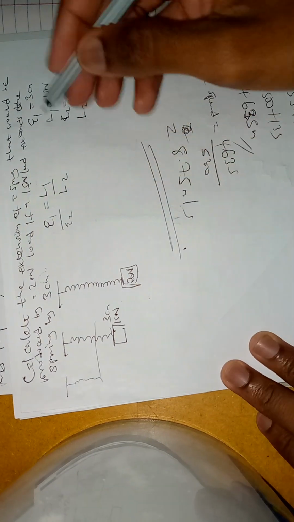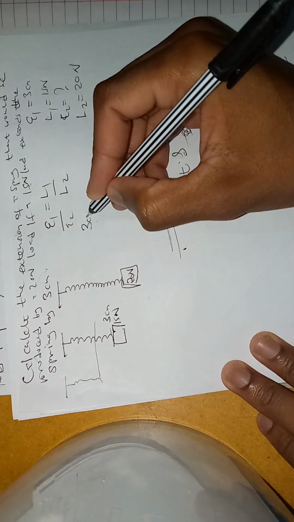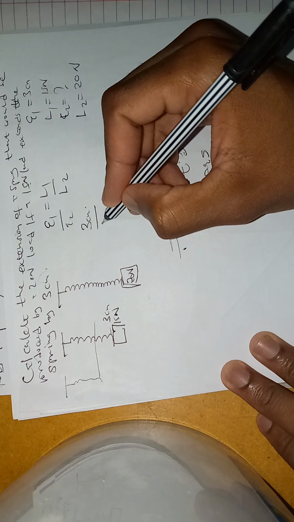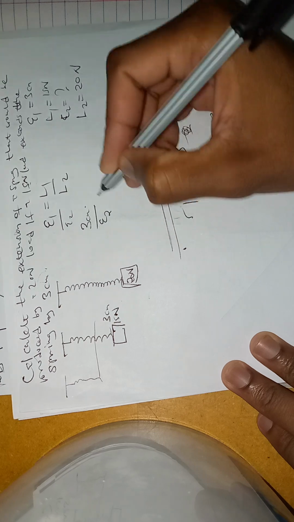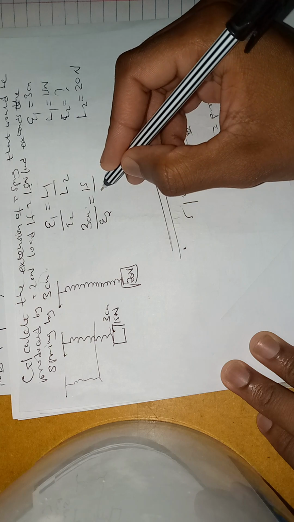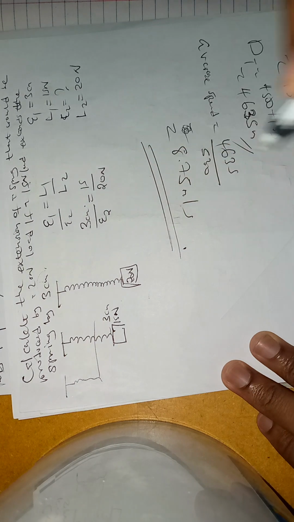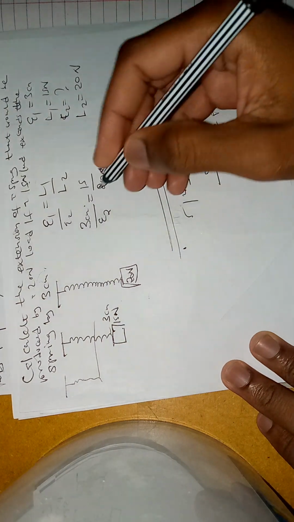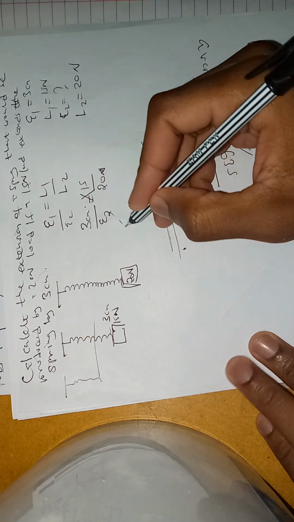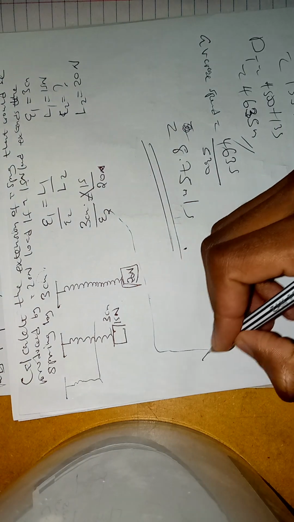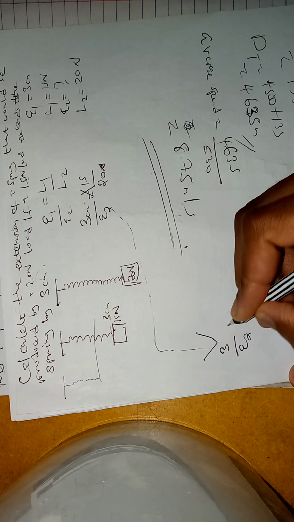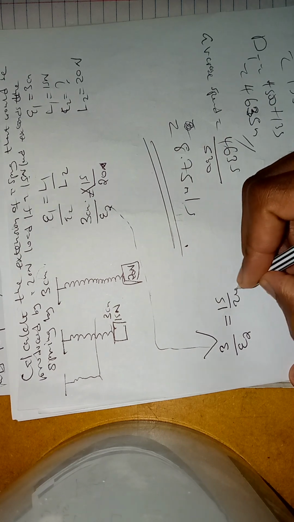So now let's start substituting. Extension 1 is 3 centimeter over extension 2, that's what we're looking for, so just extension 2. Then the load 1 is 15, then the load 2 is 20 newtons, like that. So we cross multiply. Let me create space here. So we are having 3 over extension 2 is equals to 15 over 20.